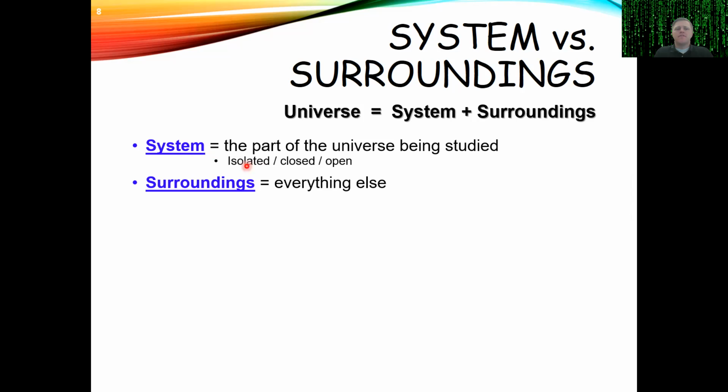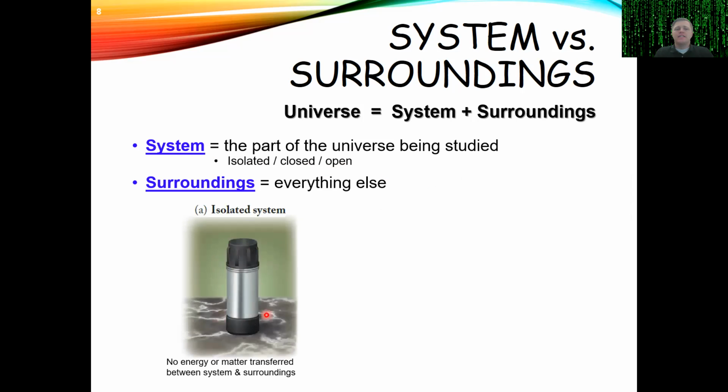There's three types of systems we're going to be concerned about. There's the isolated system. An isolated system is like a soup inside a thermos. The thermos insulates it so heat can't escape, and there's a lid on it so that the matter of the soup can't escape either. So in a thermos, you have no energy transfer and no matter transfer at all.